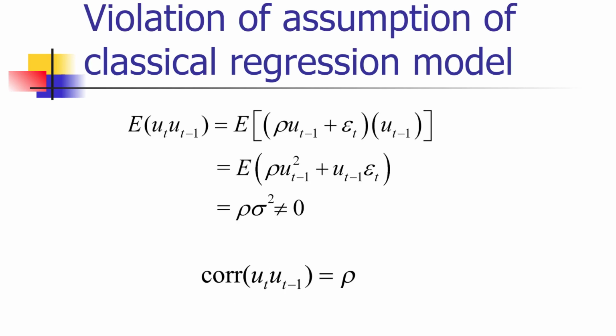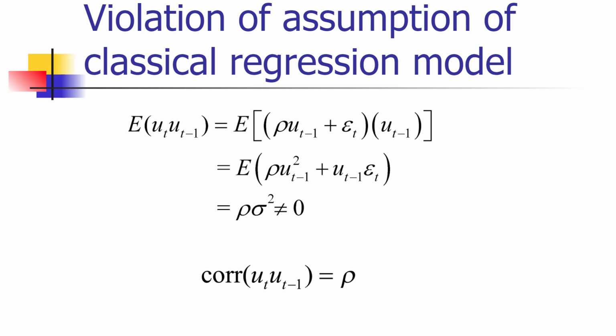If we compute the expected value of u_t times u_{t-1} when there's a first-order autoregressive process, we can write it as the expected value of u_t, which equals rho u_{t-1} plus epsilon t, times u_{t-1}. Multiplying out that relationship in the square brackets, that's equal to the expected value of rho u_{t-1} squared plus u_{t-1} times epsilon t.